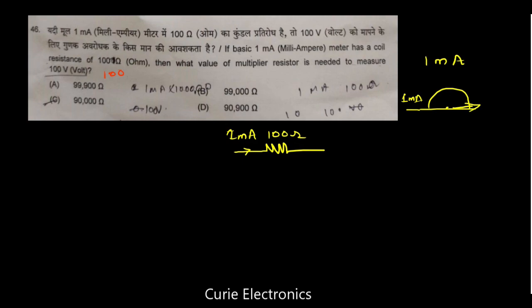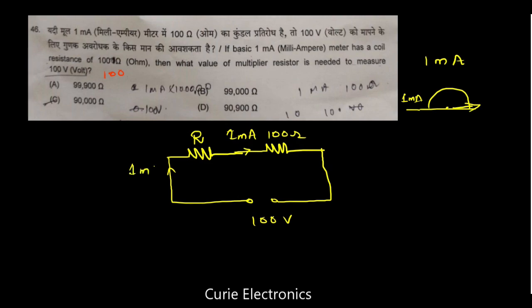But I want to measure 100 volt. So to make this a voltmeter, I will connect one more resistor in series with the meter. Now I am going to measure 100 volt. I know to get the full scale deflection for 100 volt, only 1 milliamp current should flow. So I know the circuit current.